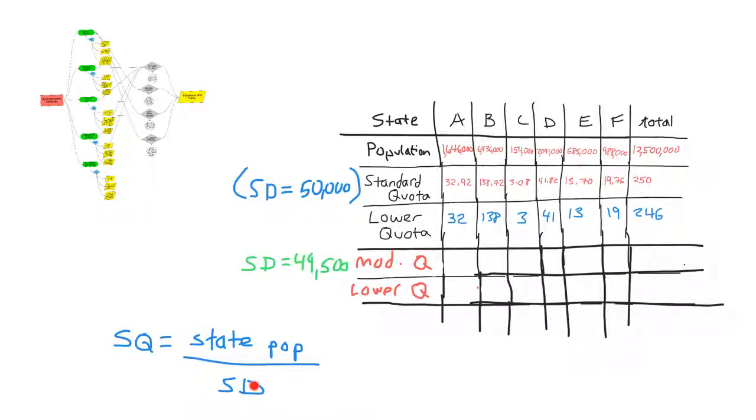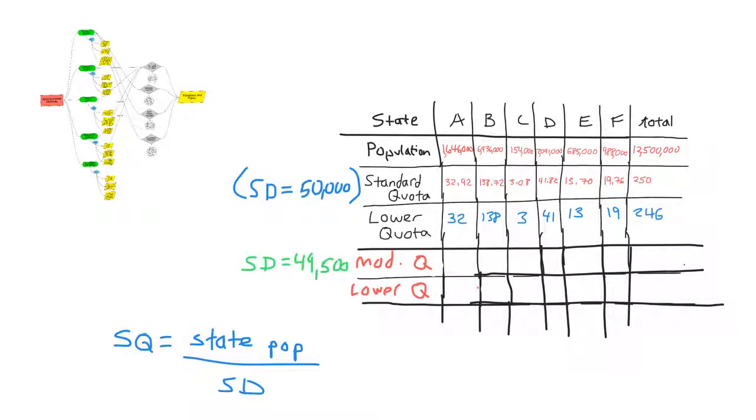Now, what happens when we take a denominator, imagine this was 50,000, and we make it smaller? When you make a denominator smaller, that makes the entire number get larger. So when you make the divisor smaller, that makes the quota larger.